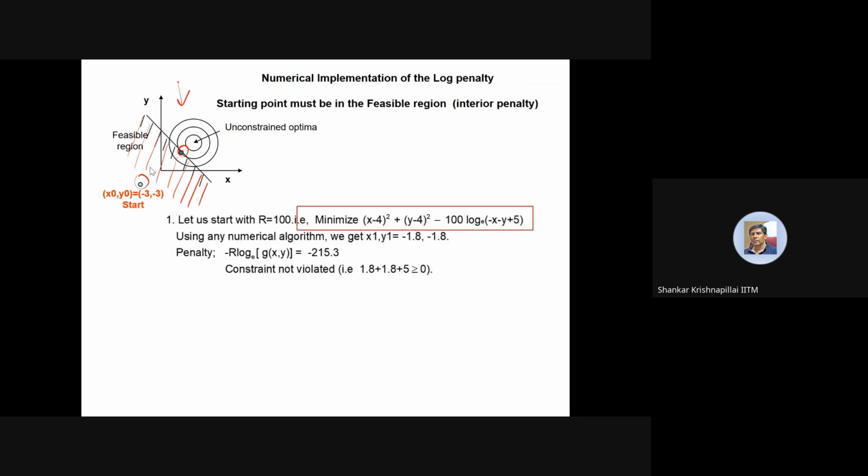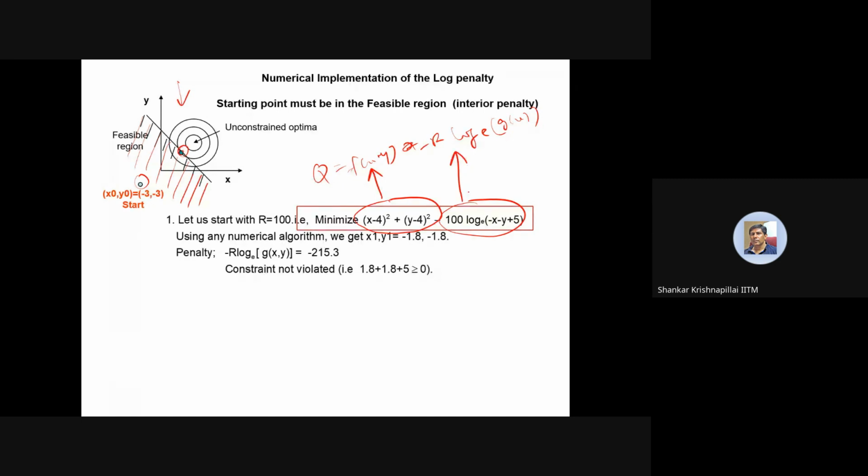You have to write the expression for the combined objective function q, that is f of xy plus minus r into log of g of xy.